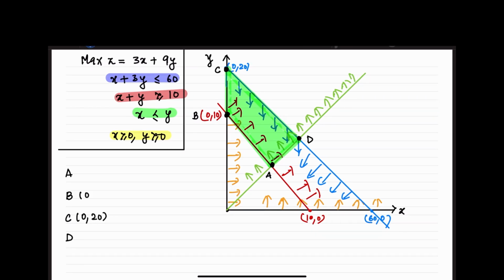B is 0, 10. Now to find A, see, A lies at the intersection of this green and this red. So solve the green and red. So what is the value?